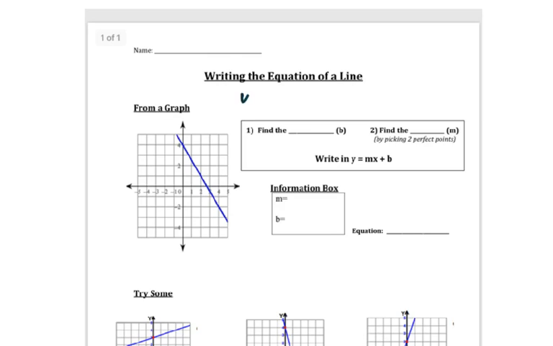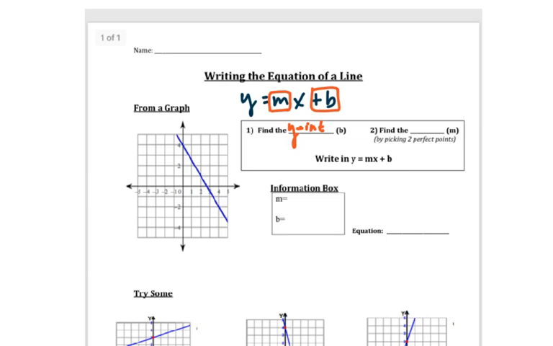So the first thing that you have to know is to write the equation of the line. We are going to want it in slope-intercept form, which is y equals mx plus b. That means that we're going to figure out what the m is, and we are going to figure out what the b is. So it says step 1, find the b. The b is the y-intercept of my line.